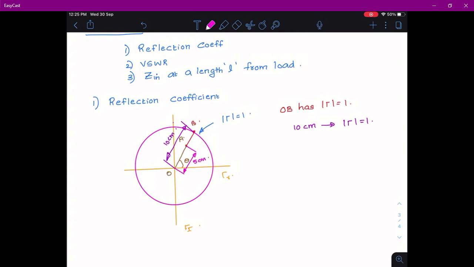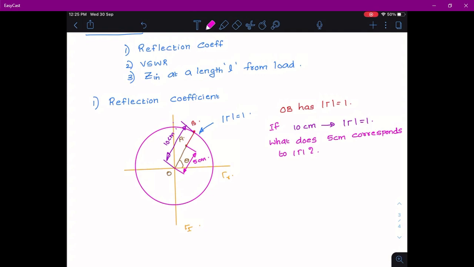So if 10 centimeter corresponds to reflection coefficient equal to 1, what does 5 centimeter correspond to?